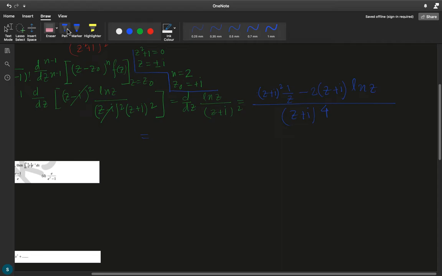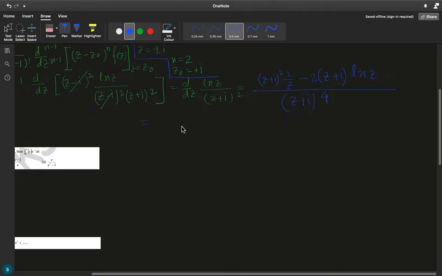Now we need to go back and plug in the value z equal to z naught. If I put the value i here, then z plus i is 2i, so I am writing (i plus i) whole square by 1 by i, minus 2 into (i plus i) ln i, and in the denominator that will be (2i) whole to the power 4.